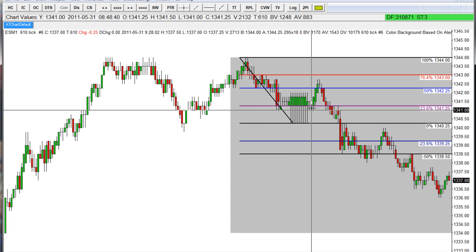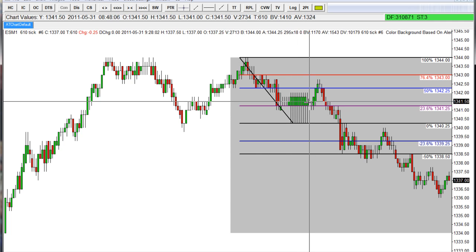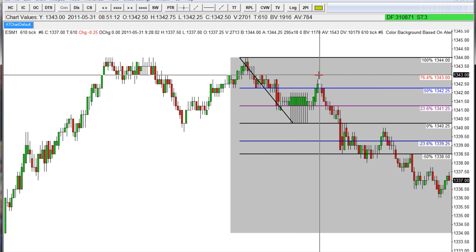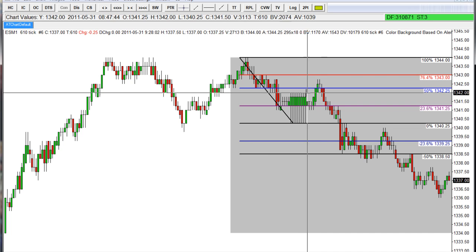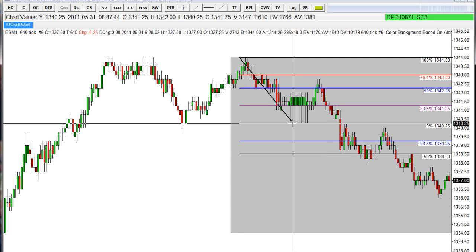So if it moves back up to here, it has retraced 23.6% of what it moved down, 50% of the down move, 76.4% of the down move, and if it gets up to here, then it has retraced 100% of what it originally moved in a downward direction.